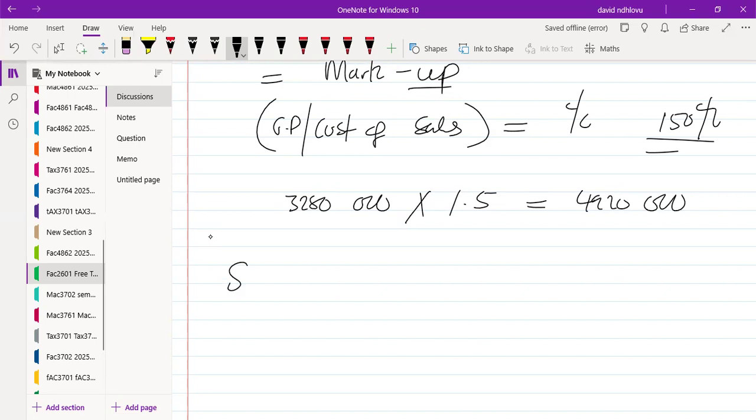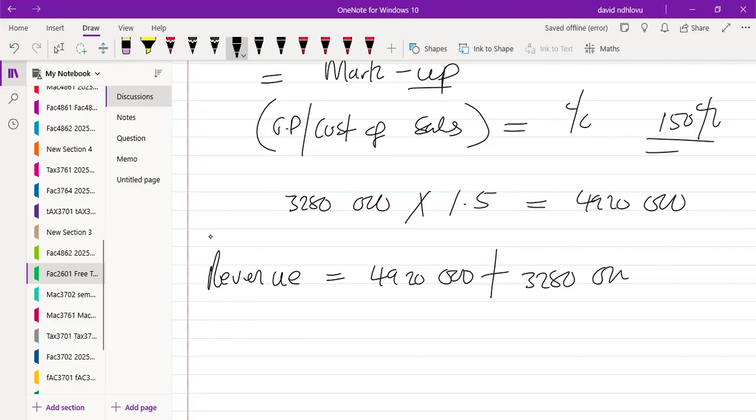Then to get the revenue, we would have said 4920, which is the gross profit, plus the cost of sales. We add the two, we were going to get that figure of 8.2 million.